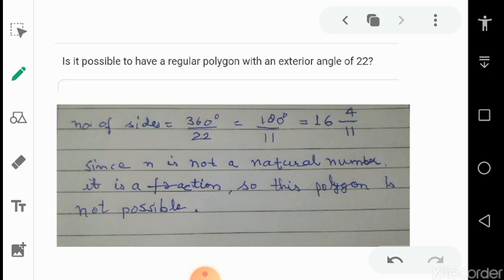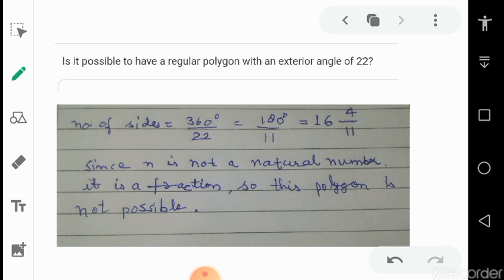But can you imagine that there are 3.5 sides, 5.5 sides or 8.5 sides? Not at all, not possible, because the number of sides are always natural numbers and bigger than 2. Because we start from triangle, that is 3 sides, and below 3 sides we can't make a polygon, so it will be a natural number.